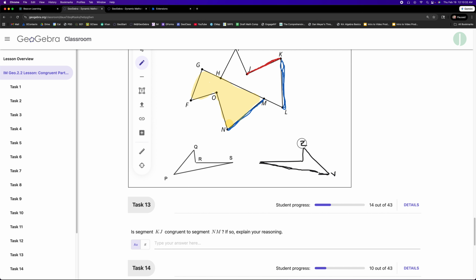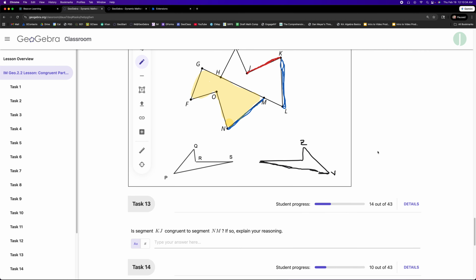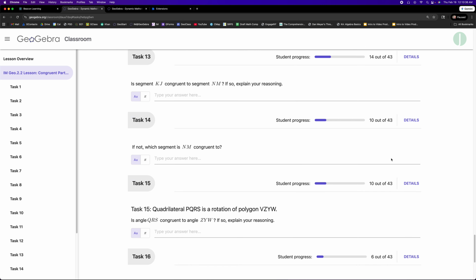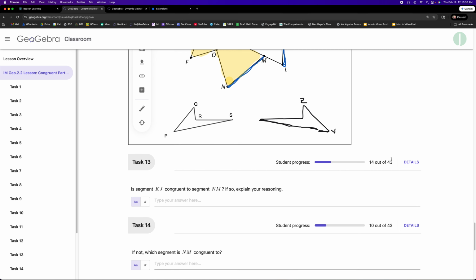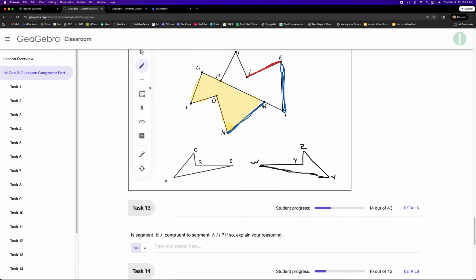VZ. So it doesn't look like a 2. VZYW. Y. And then W. Okay. So there we go.